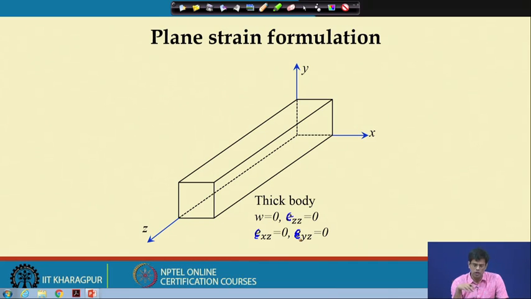So, this is a long body in the z direction. So, we know that epsilon zz is 0, epsilon xz and epsilon yz are 0, but sigma zz is not 0, that we know from the assumption, and also the w deformation is considered as 0.